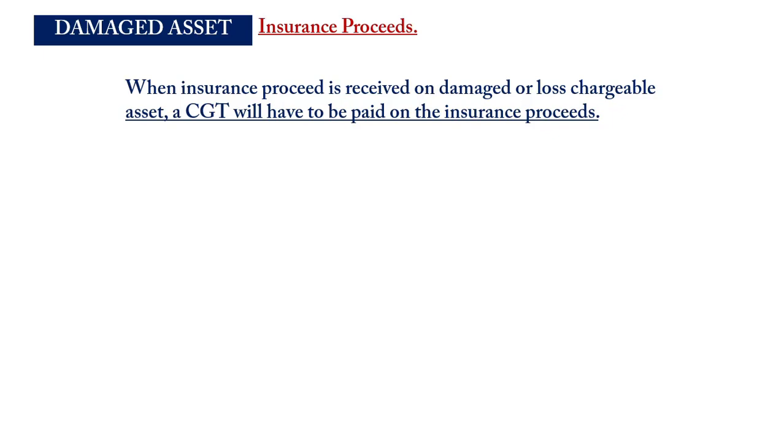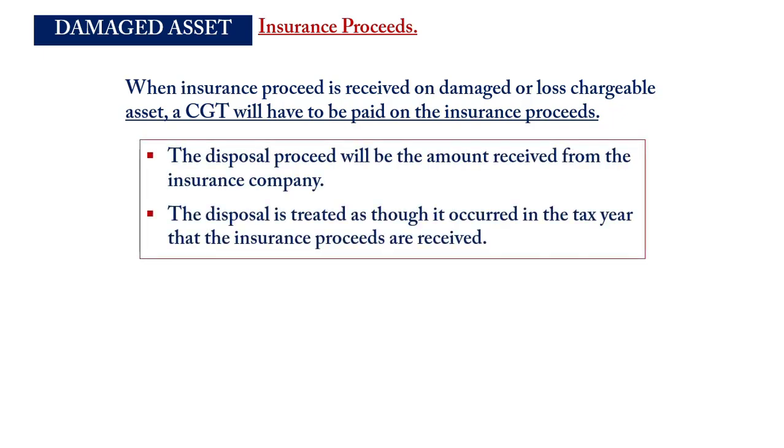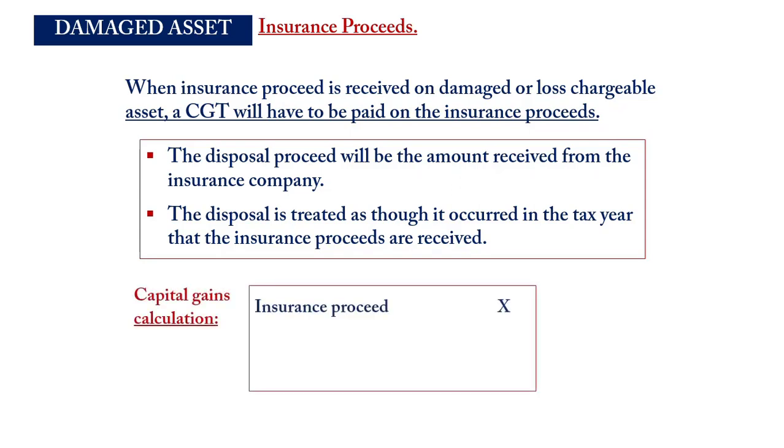So the cost of the asset will be taken from it to determine the gain or loss. The capital gains calculation will be the proceeds that the person receives from the insurance company, less the cost of the asset that is lost, destroyed or damaged, to arrive at the chargeable gain.